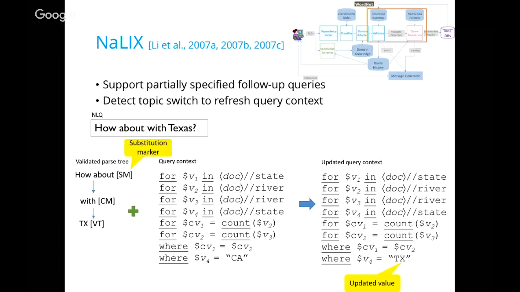If we look at what could be substituted, it would be just Texas, because all the other things are not mentioned in the new query. The only thing mentioned is Texas, which was already asked before with a different value. So this system is going to update the query context and replace V4 equal to CA with V4 equal to TX. This is how it covers the partially matched query.